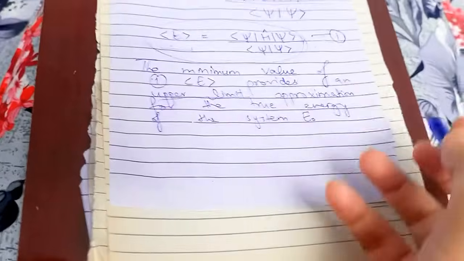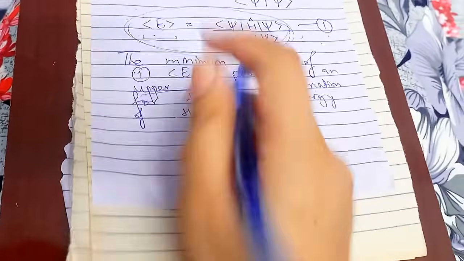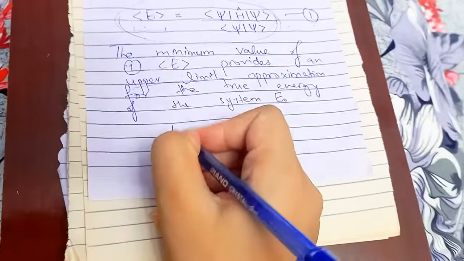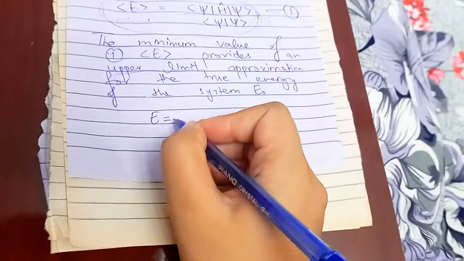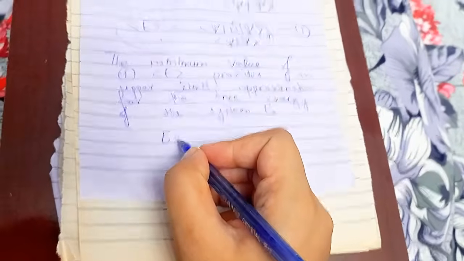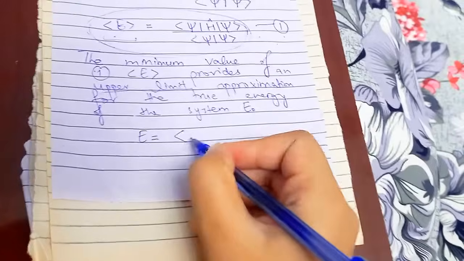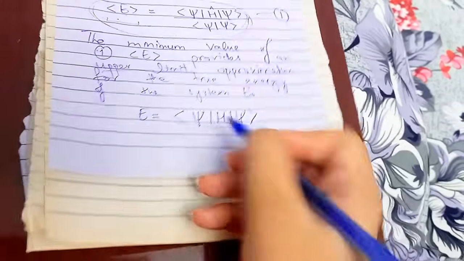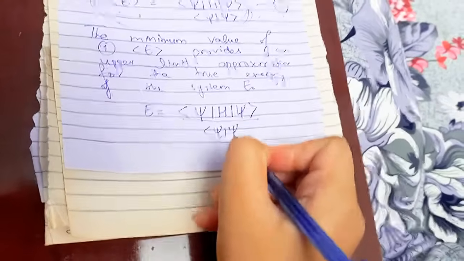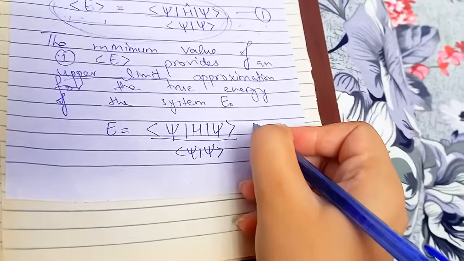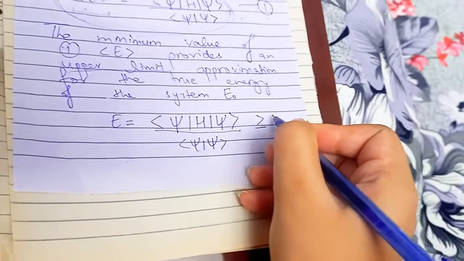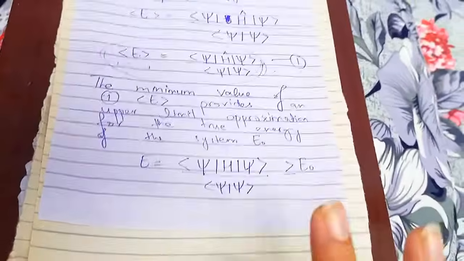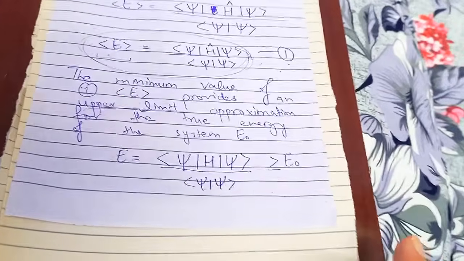Now let's prove it. Let's first write this statement in terms of mathematics, which means that we got E from this process, and we know that E is equal to this thing. I'm writing this again here. It will be greater than or equal to E naught, but will never be less than that.